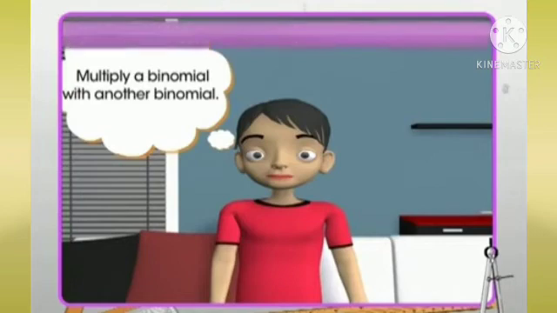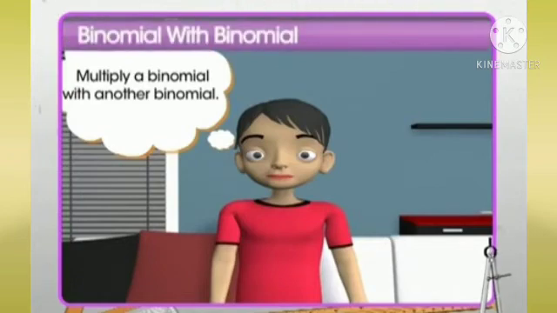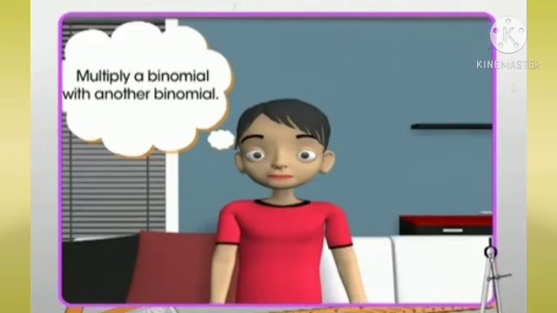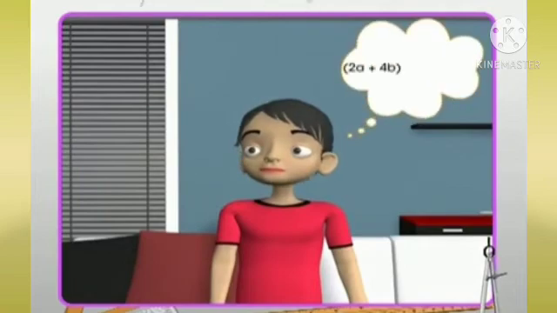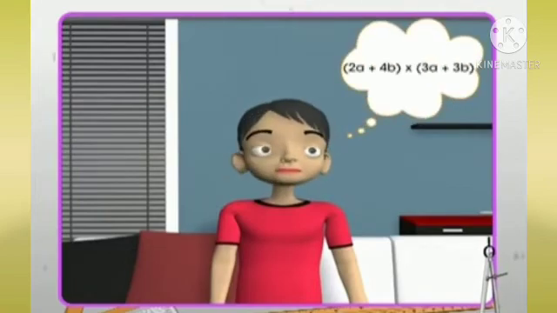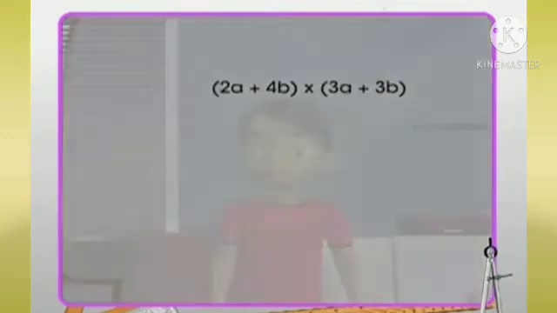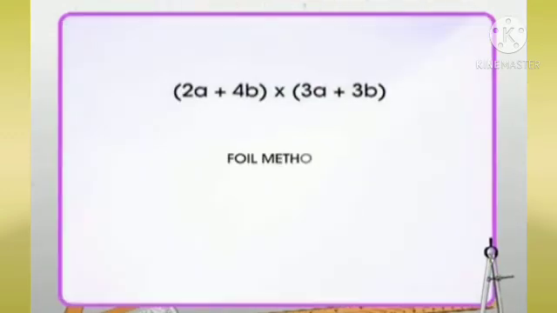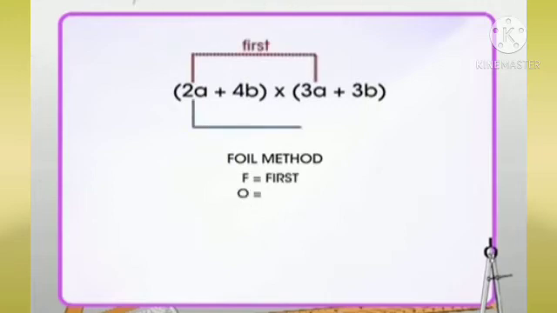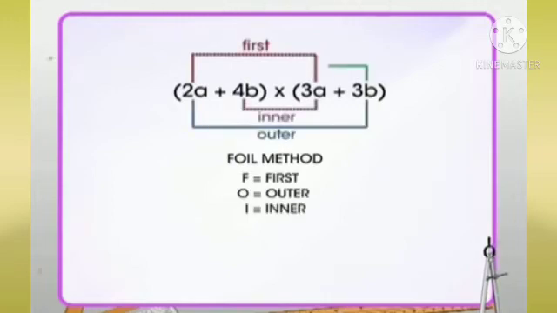Now let's go a step further and multiply a binomial with another binomial. Let's look at an easier method to do this. It's called the FOIL method. F stands for first, O is outer, I is inner, and L is last.